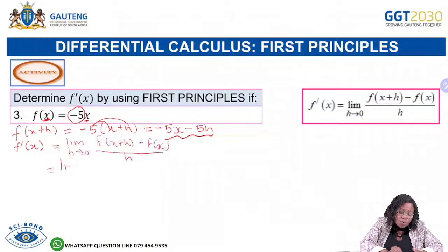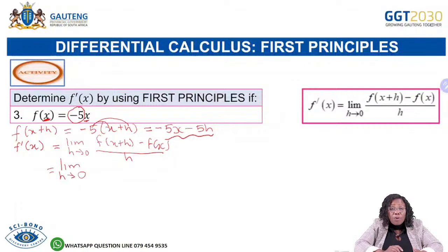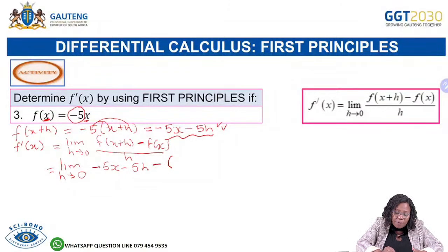You continue writing your limit of h, grade 12. You'll stop only on the final answer. Limit of h approaching 0. F at x plus h is this answer that we have there, minus 5x minus 5h, minus, you need to put a bracket there. Why? Because you are having a negative from the formula, and then your f at x is coming with another negative there.